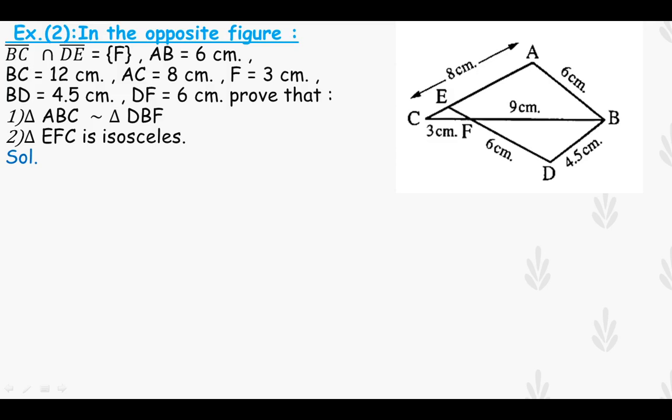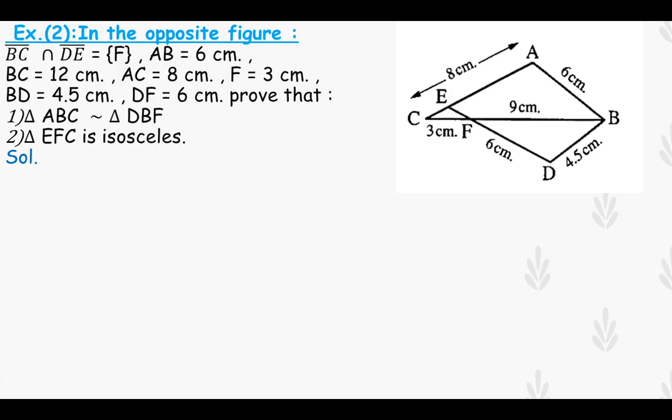Okay? He wants to prove that triangle ABC is similar to triangle DBF. And he wants to prove that triangle EFC, the smaller one, is an isosceles triangle.